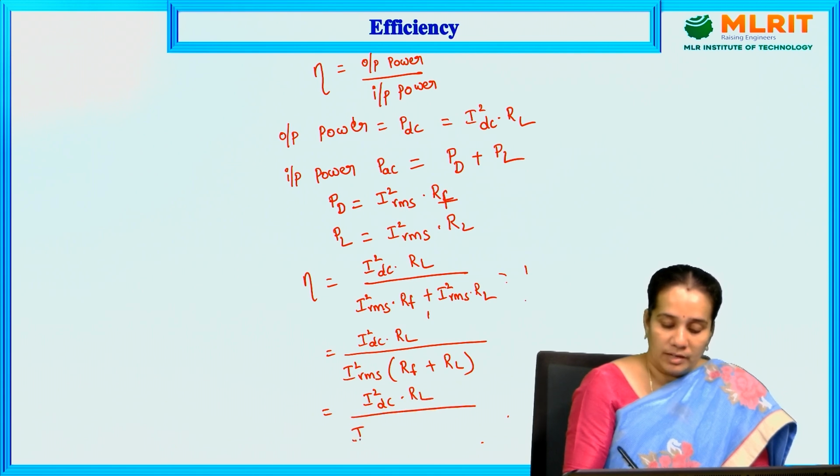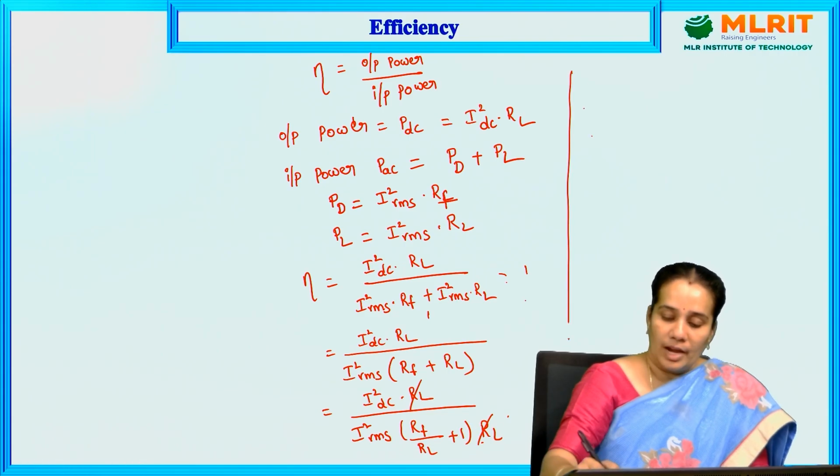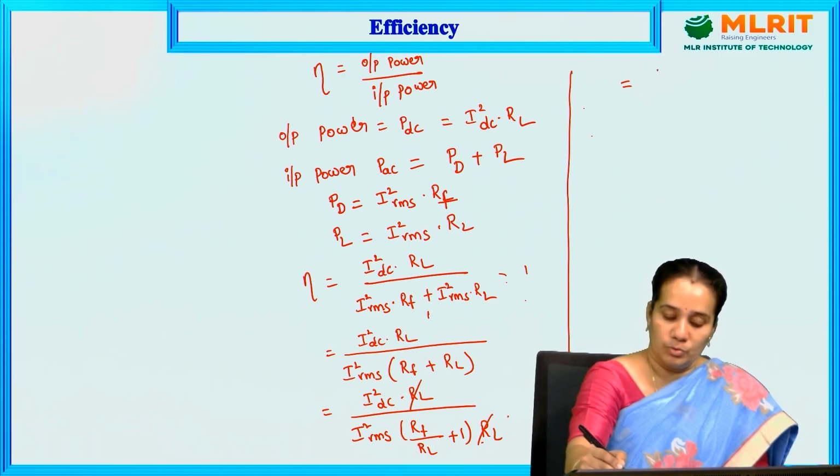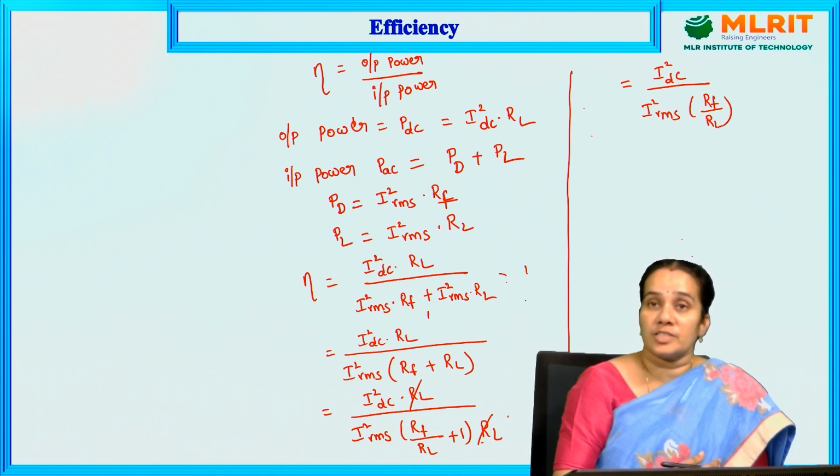I square RMS into RF by RL plus 1 into RL. RL cancels. Then what is the value here? That is equal to I square DC by I square RMS into RF by RL.